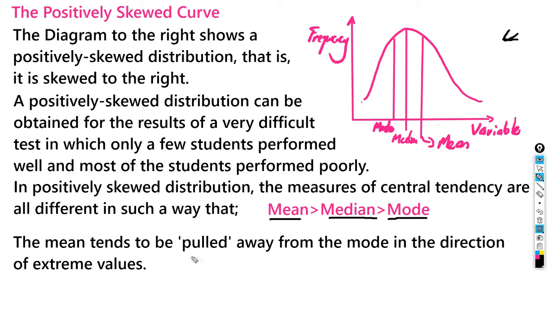The mean tends to be pulled away from the mode in the direction of extreme values. So in this case, the most important thing we need to remember is that the mean is greater than the median, which is also greater than the mode. We can see from the diagram that the mode is the smallest based on the variable, the median is the second smallest, and the mean is the largest.